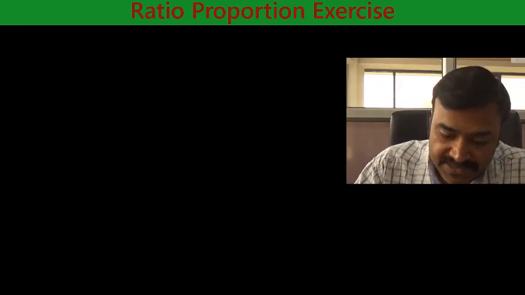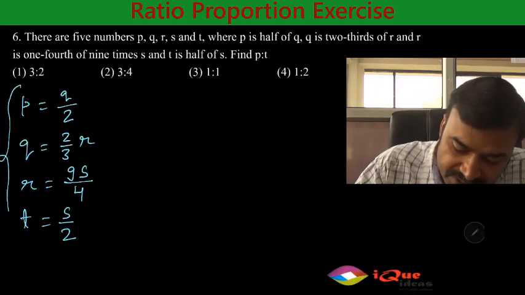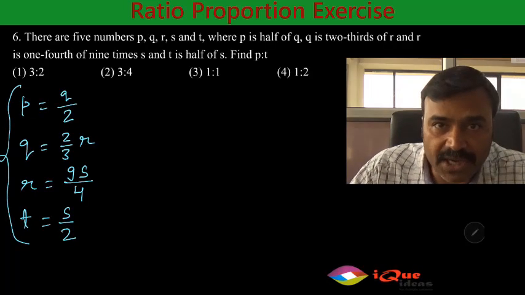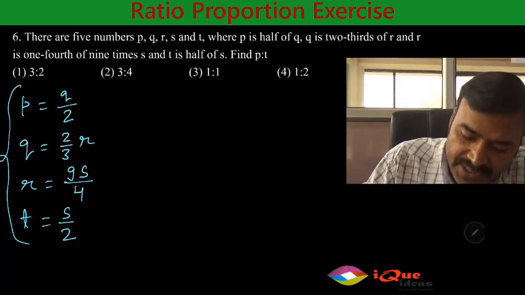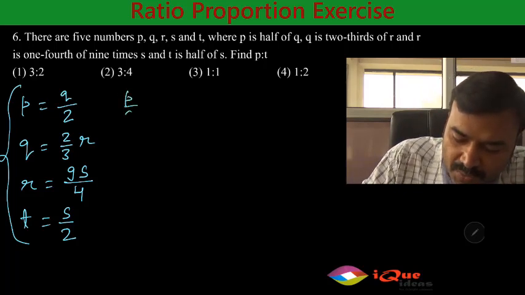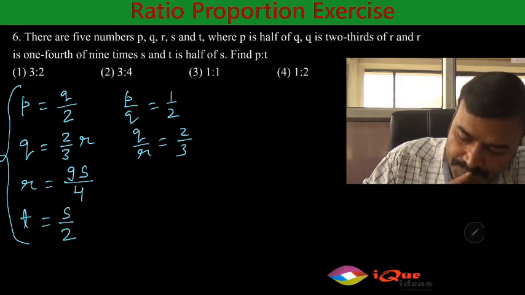The other way starts after creation of these equations. We already have these relations. From here, can I say that P by Q is equal to 1 by 2? We also have Q by R equal to 2 by 3, and R upon S equal to 9 by 4.